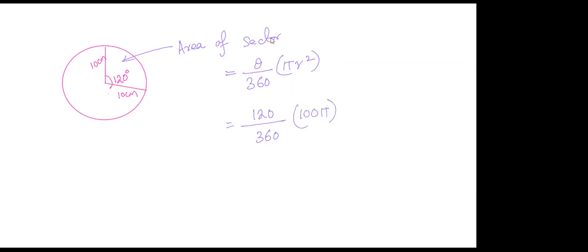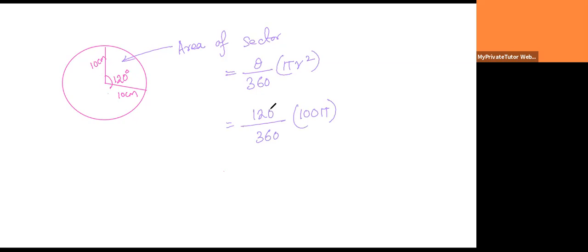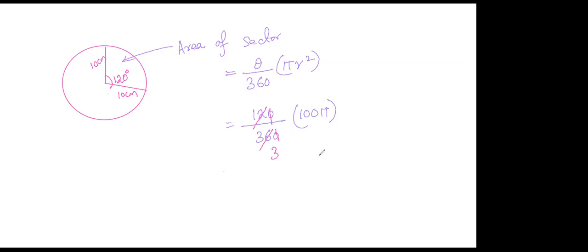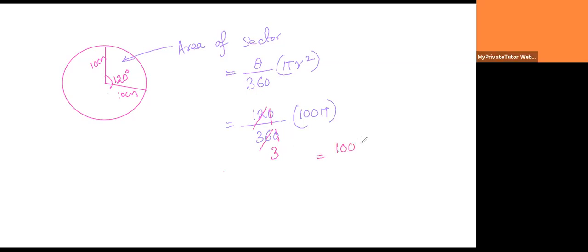Then please simplify this. The zero cancels out, 12 3s are 36, so one over 3. So 100 pi over 3 is the area of that sector, that portion.